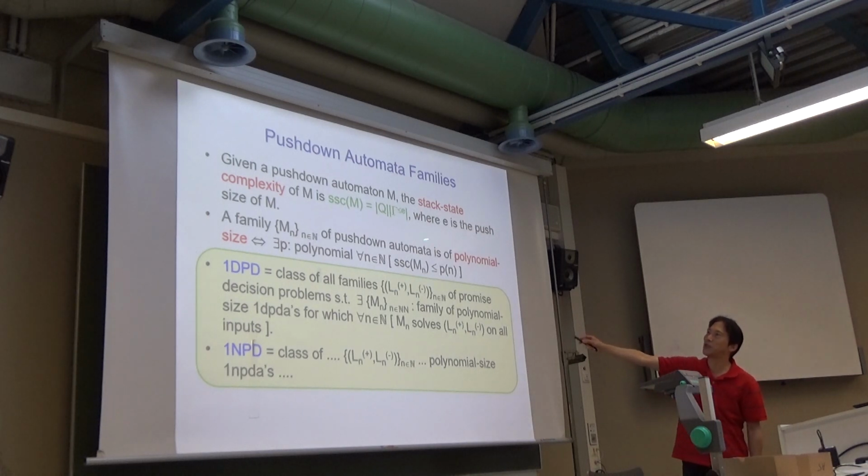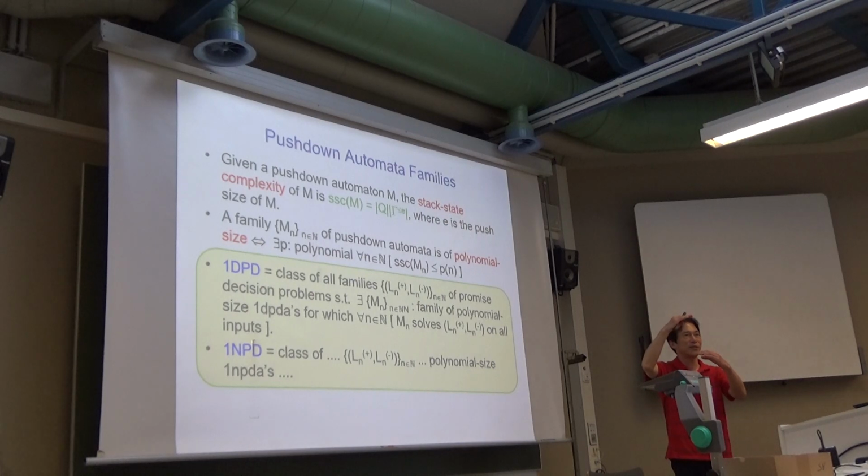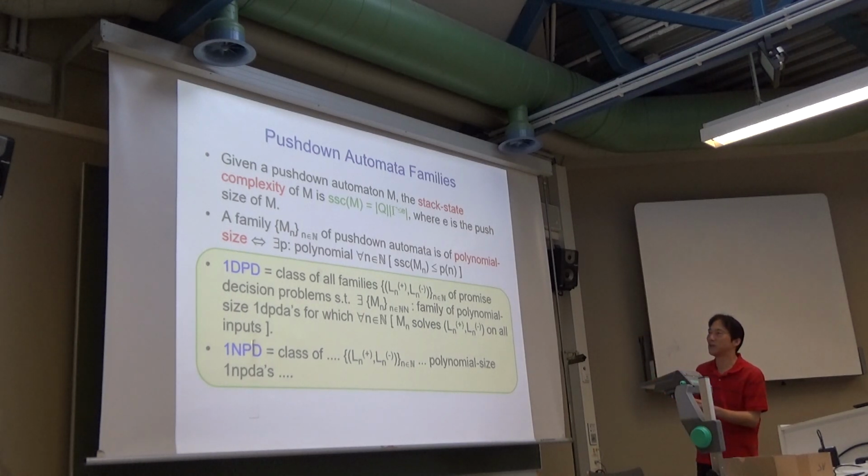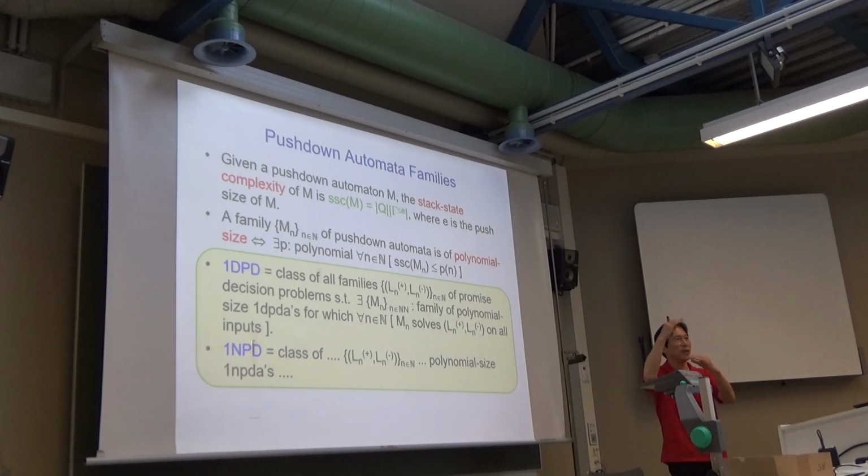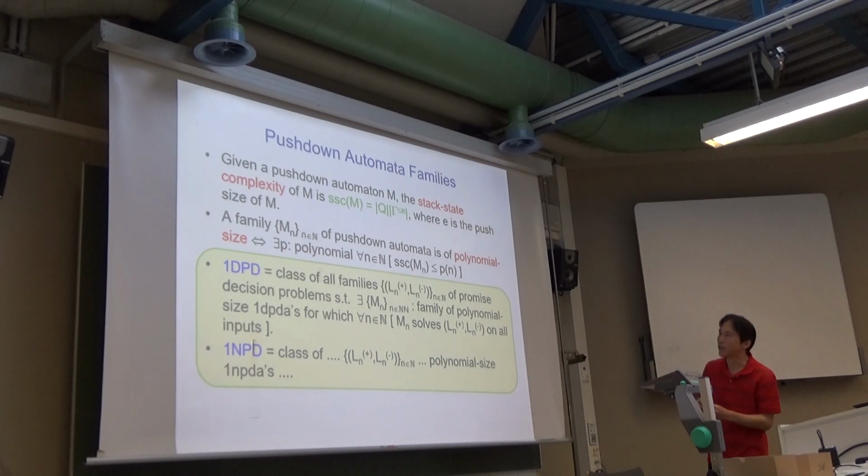The e is the push size. Push size means in a single step, how many symbols you actually put on top of the stack, because usually a push-down automaton is allowed to put multiple symbols into the stack.